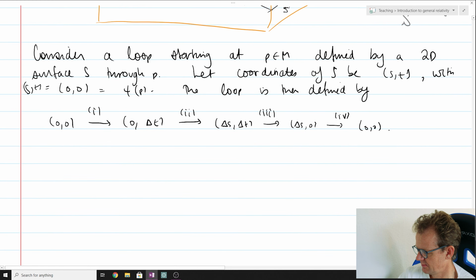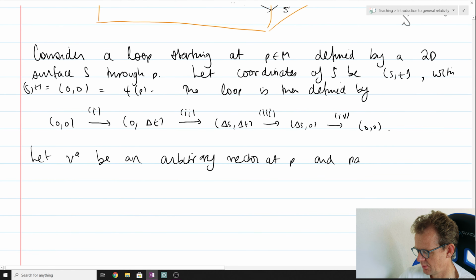So to do this parallel transport, we're going to need a vector. So let V be an arbitrary vector. Not just any vector, an arbitrary vector. And we're going to parallel transport it around the loop.